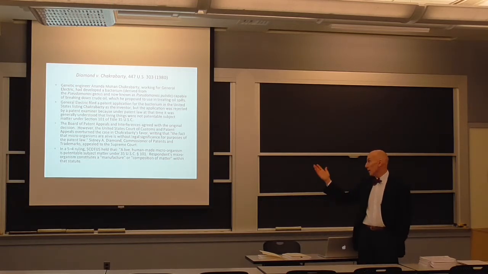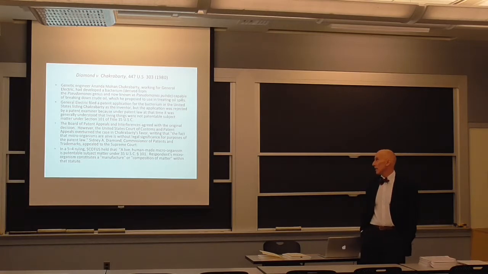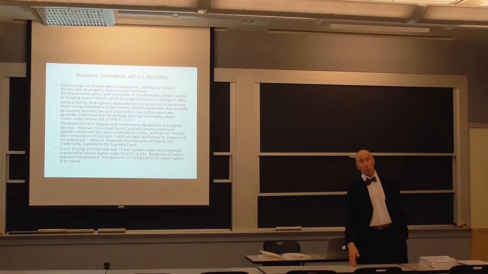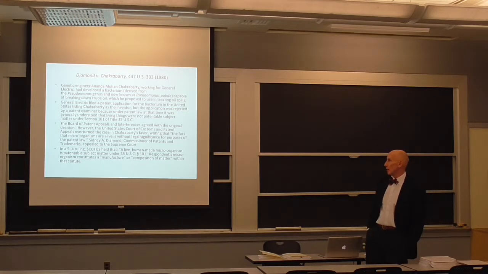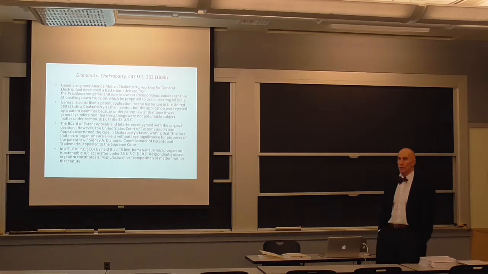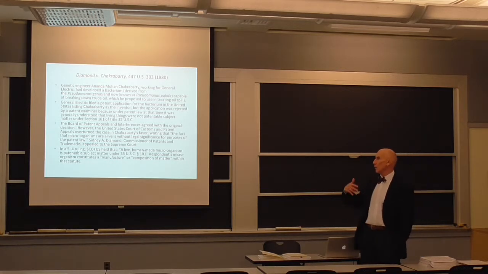So the United States Court of Customs and Patent Appeals is the next step. So when you lose in front of a patent examiner, you go to the Board of Patent Appeals. It's also referred to as the TTAB. And then when you lose there, you go to federal court.